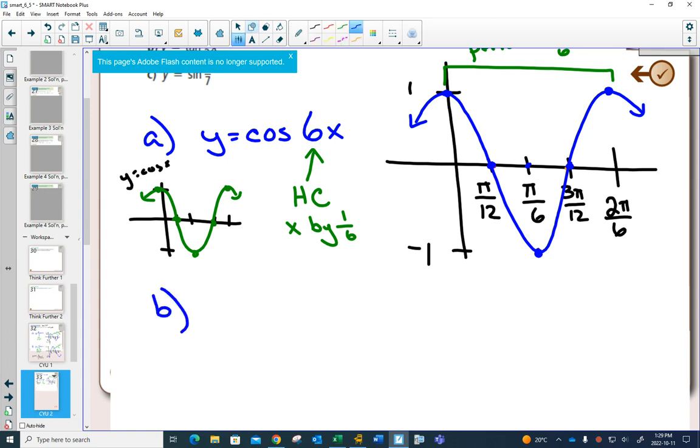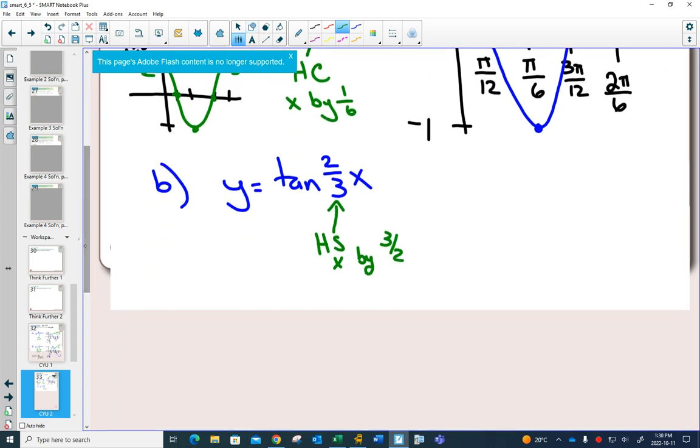Right, part B. Tan equals 2/3 x. This one, horizontal stretch, you will multiply your x values by 3/2. If we think about our tan graphs, they had asymptotes.